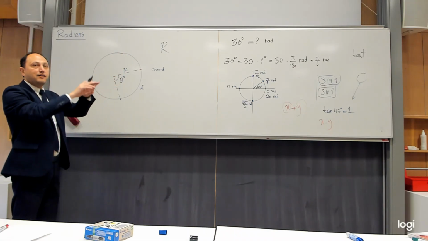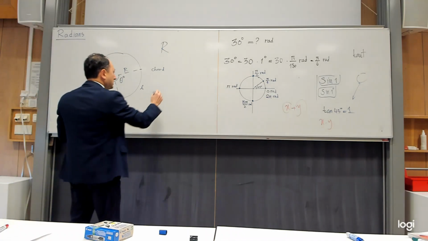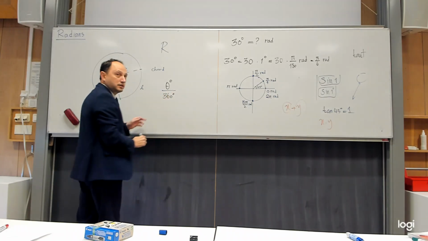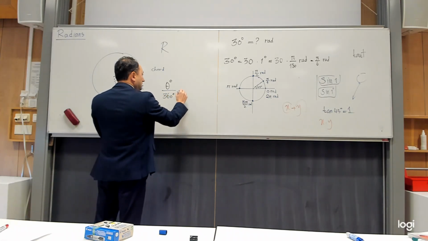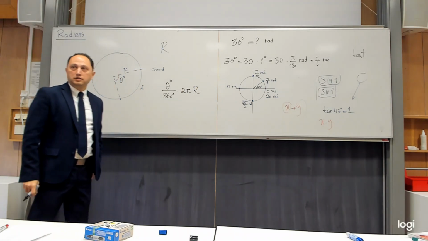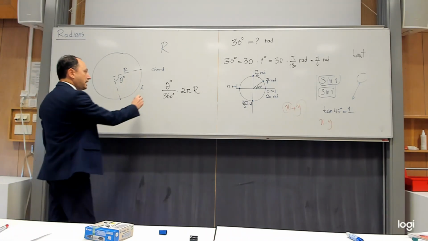Now, I do not have the whole angle, I have one portion of that. What is that portion? It is theta degrees divided by 360, multiplied by 2 pi r. Is that understandable for everyone? So that would be the length here.